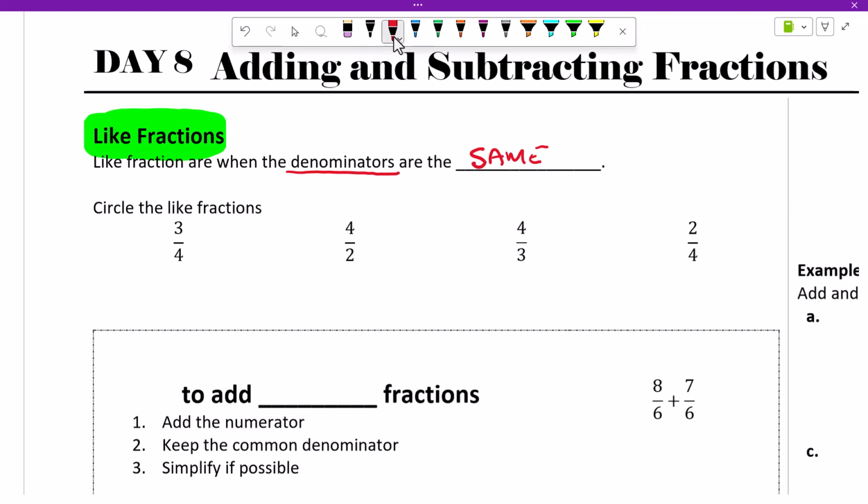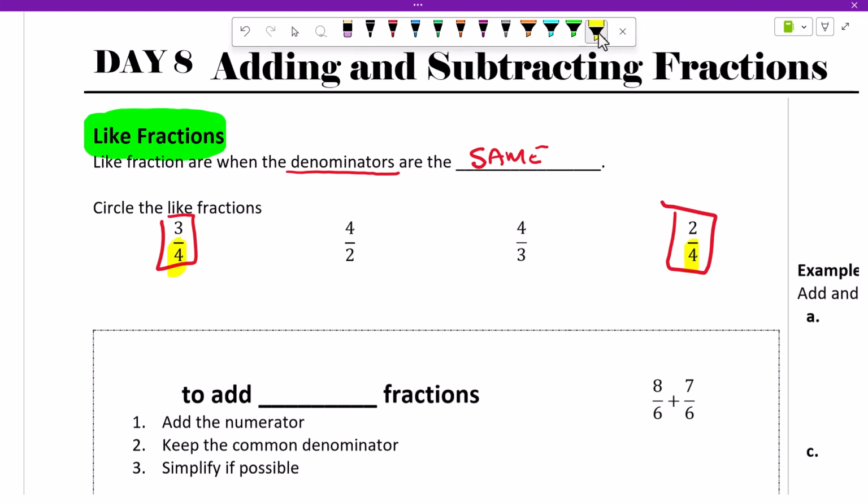Out of that list, which pairs are considered like fractions? Which one's the denominator, top or bottom? Bottom. Which ones have the same bottoms, the same denominators? First and last. They both have a 4 in the denominator.